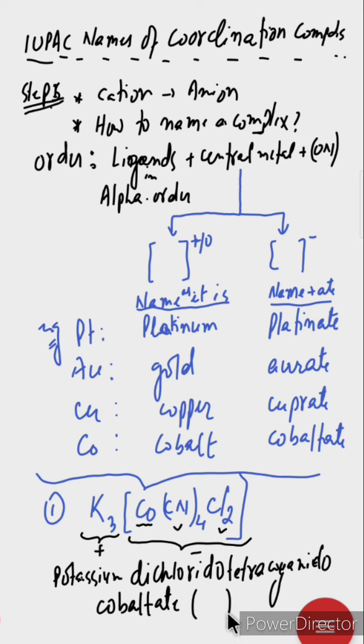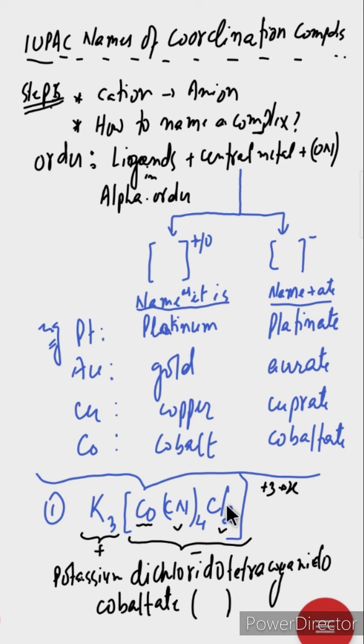So let me calculate the oxidation number of this cobalt. Potassium is +1, and there are 3 potassium ions, so +3. Let me take the oxidation number of cobalt as X. CN is -1, so -4.